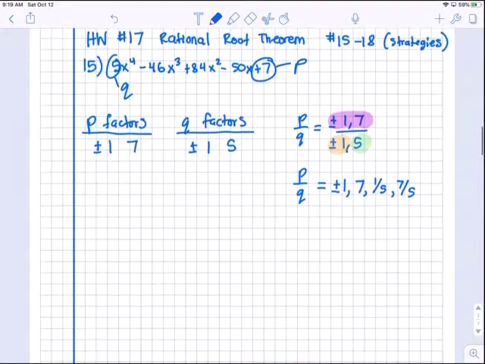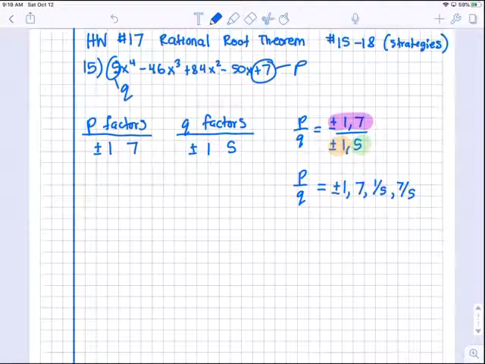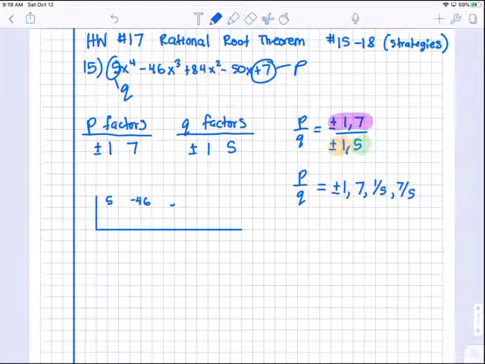Now we have to go and find our actual roots. So I'm going to write down the coefficients. And we have 5, negative 46, 84, negative 50, and 7.